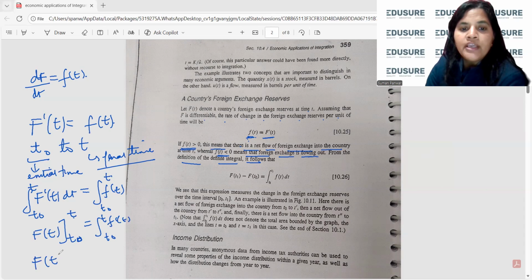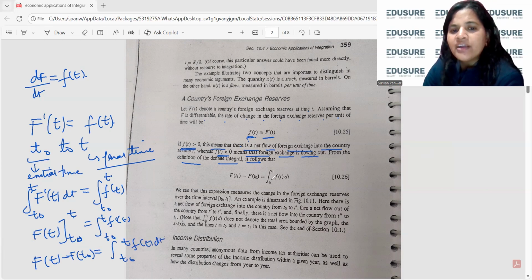So F(t) minus F(t0) is equal to the integral from t0 to t of f(t) dt. Here they have taken t1 instead of t, that is perfectly fine. So that is how we calculate a country's foreign exchange reserves.